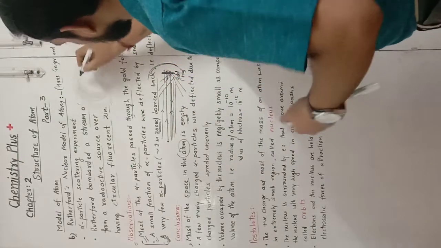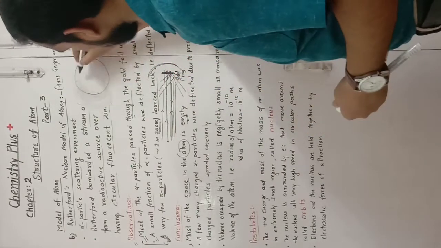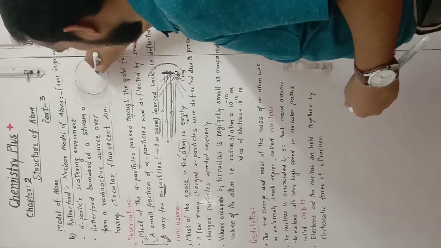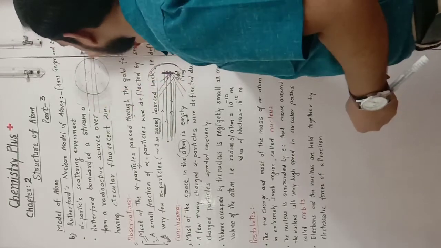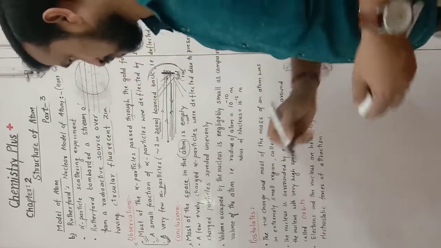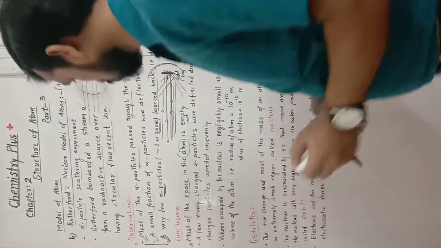For example, this is an atom and most of the space is empty, so the alpha particles pass straight through as they are without showing any deflection. This is the first conclusion.